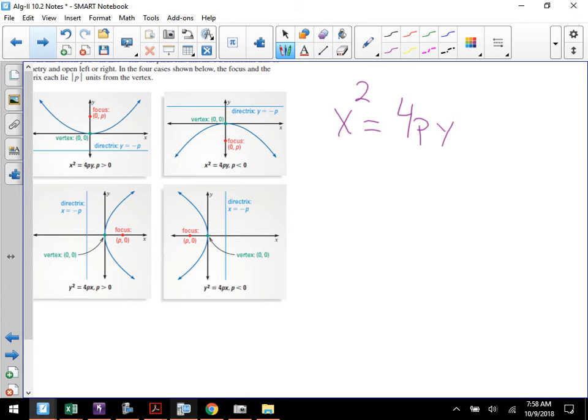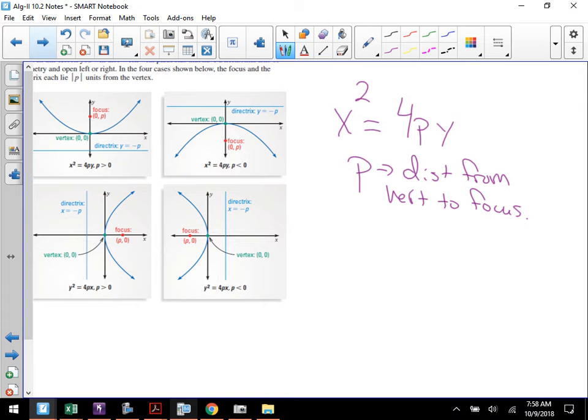Where this p value, whatever it is, is the distance from vertex to focus. If p is positive, it moves up. If p is negative, it moves down.